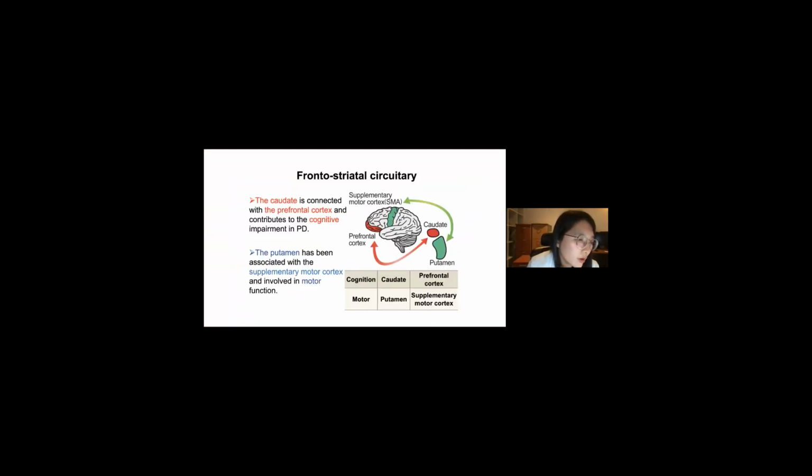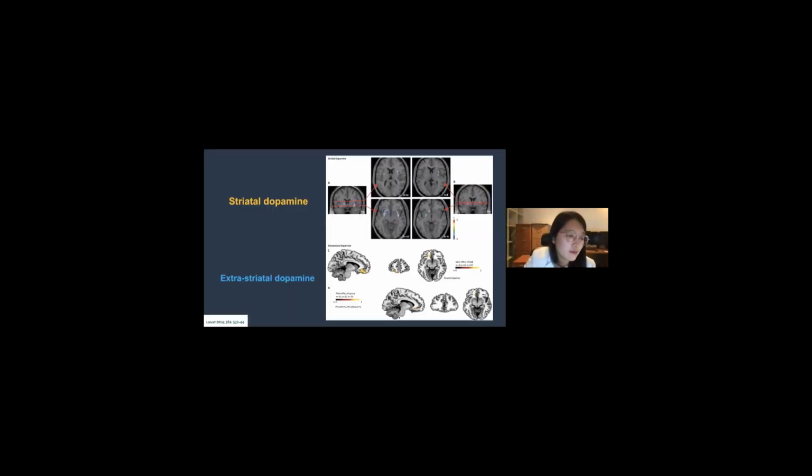Specifically, considerable attention has addressed the role of specific topological neuronal circuits mediating the frontal cortex and striatum, which is called the frontostriatal circuit. So we can evaluate striatal dopamine as well as extrastriatal dopamine using imaging.